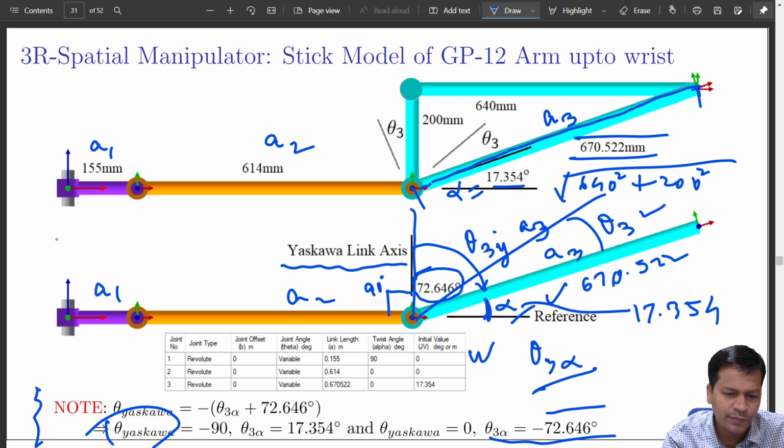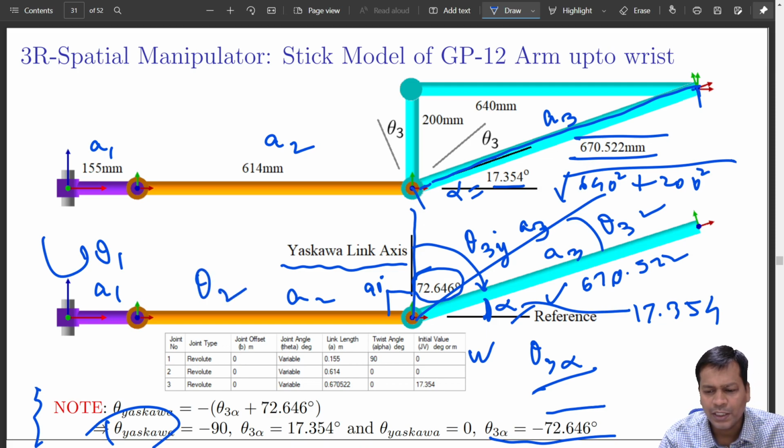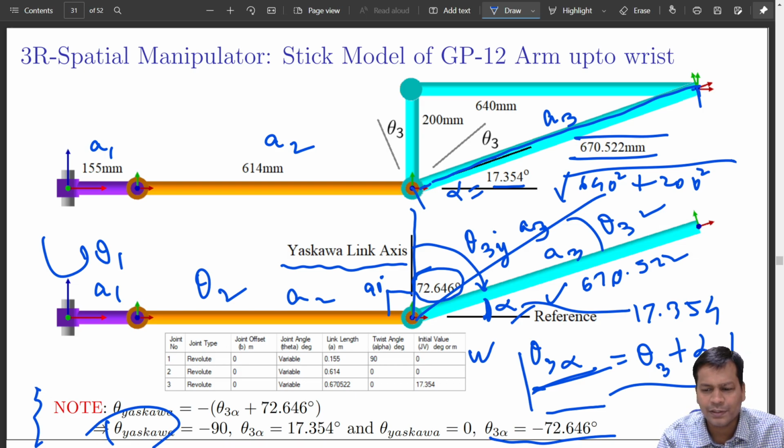Effectively you have theta 1 for the first joint, theta 2 for the second joint, and theta 3 alpha, equal to theta 3 plus alpha, for the third joint. These are the three joint angles, and these are the lengths. Now I'll do kinematics of this, both forward and inverse.